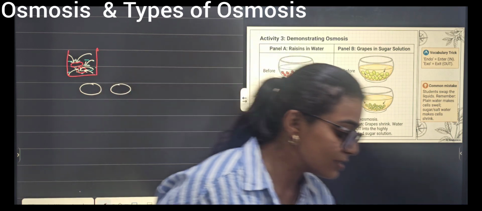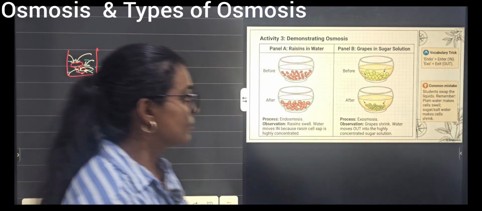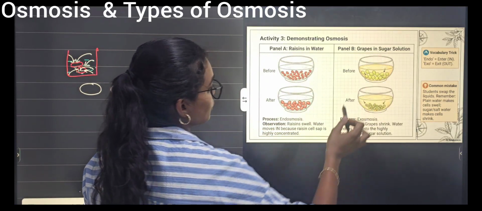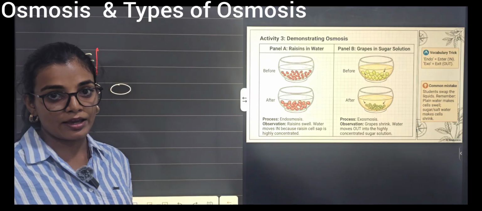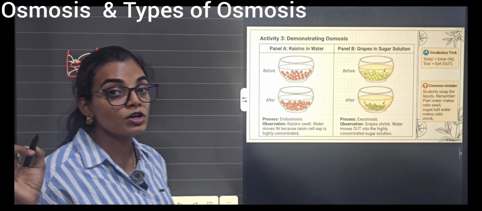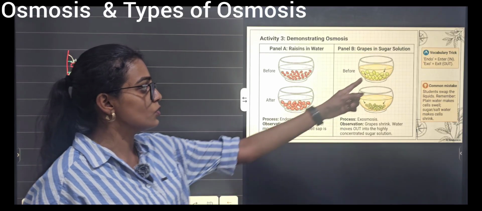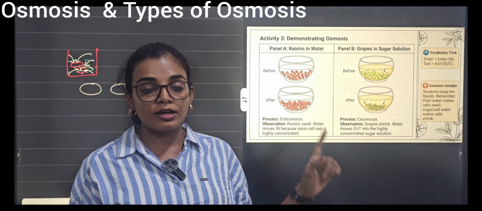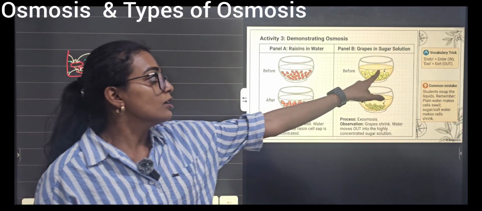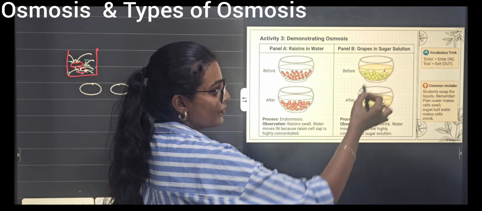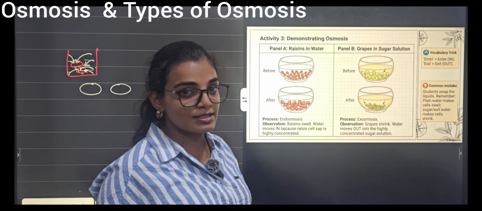The main reason is that here in the beaker, the concentration of solution was very high. That means the water concentration present in the solution was very less. Remember once again, in this solution the concentration of sugar was very high and water was very less.